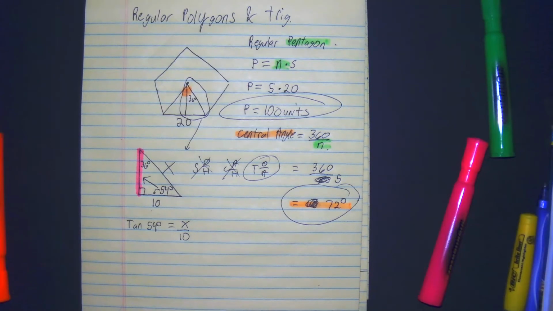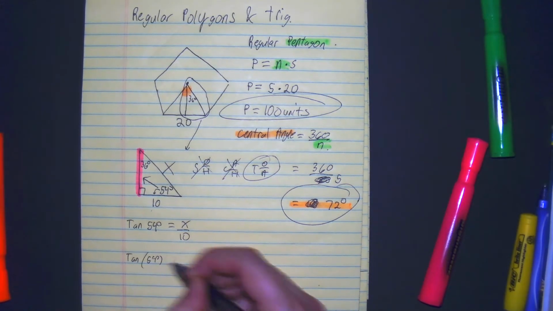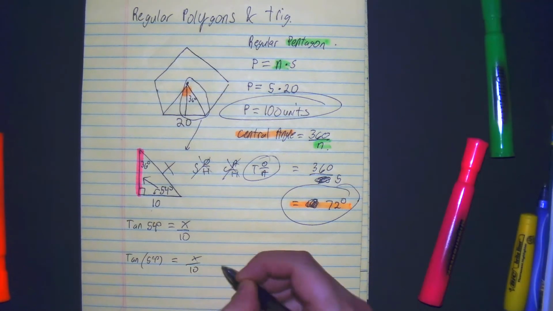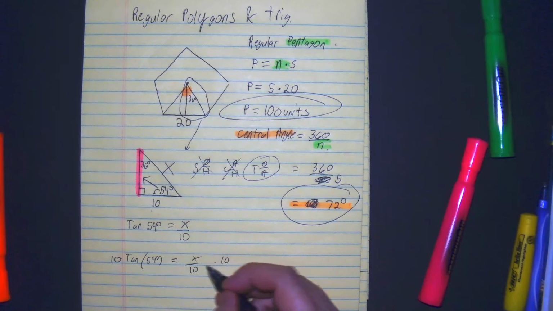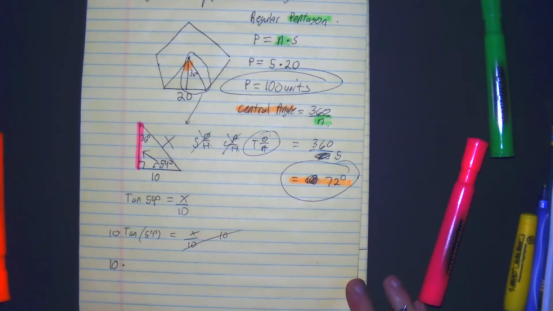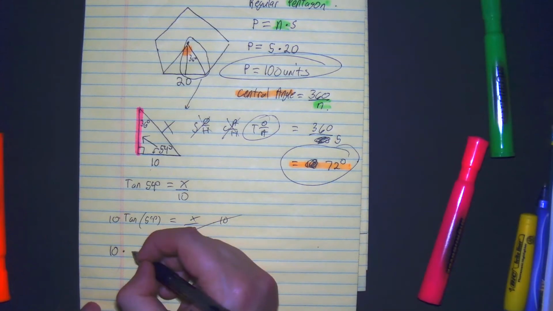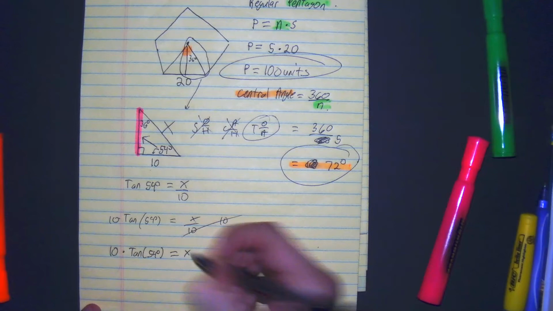What we're going to do is the inverse operation. Tan of 54 degrees is equal to x over 10. Multiply both sides by 10. This will cancel. You get 10 times the tan of 54 degrees is equal to x.